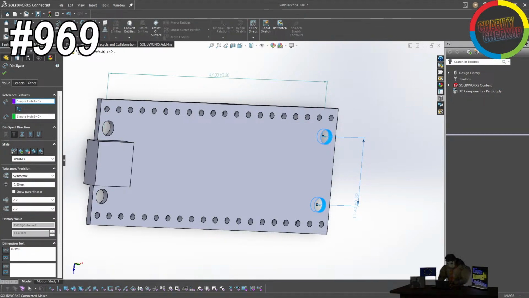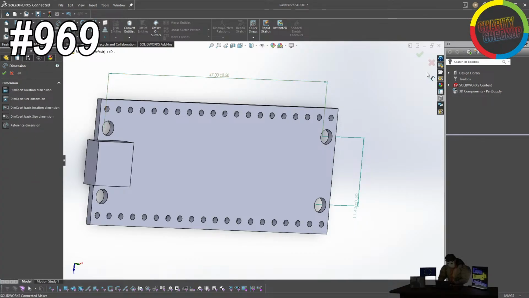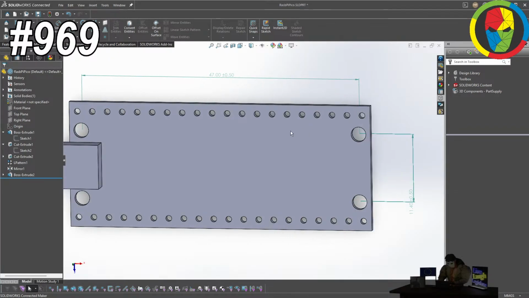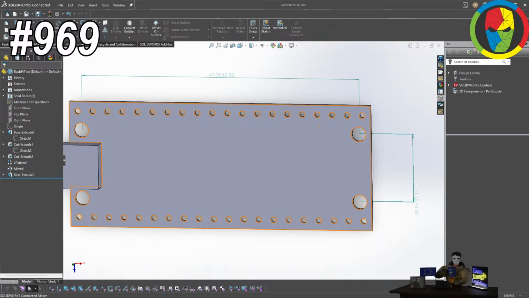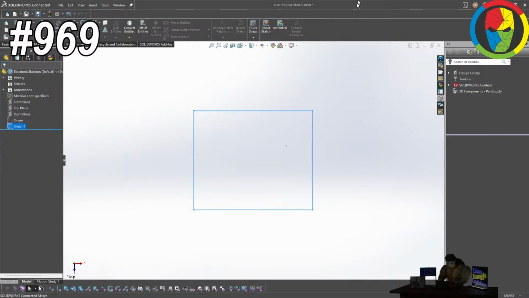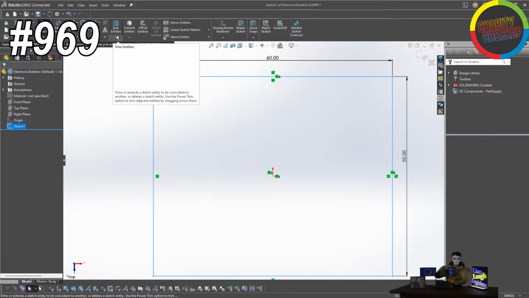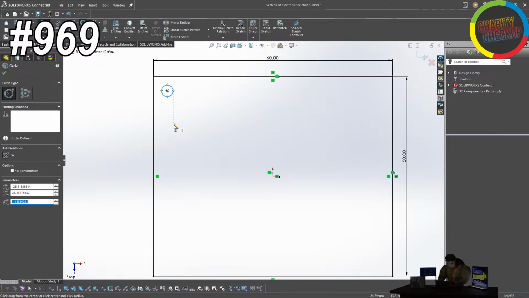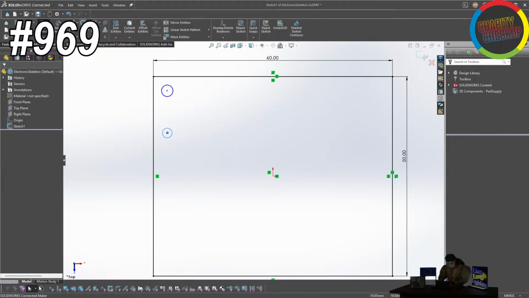Okay, so 47 and 11.4 is what we want. Right now all we're going to do is just set it up, just to see if we got the measurements right.